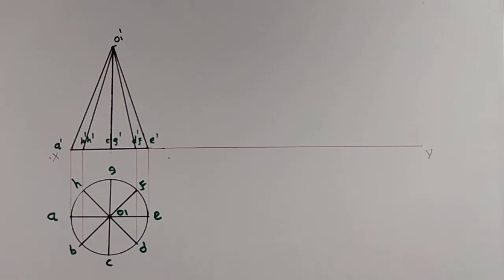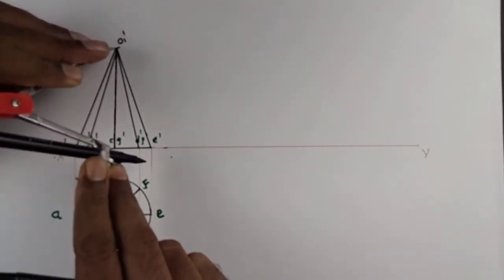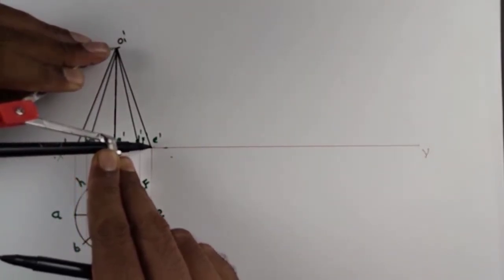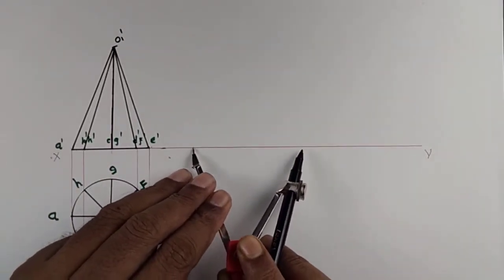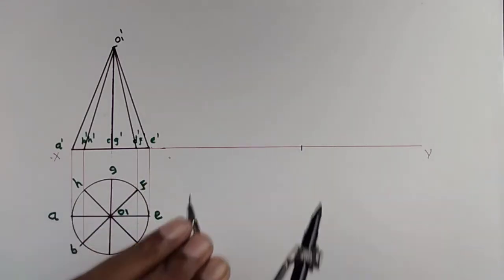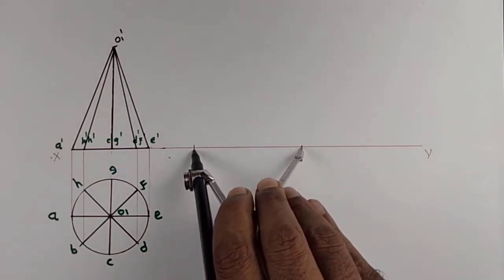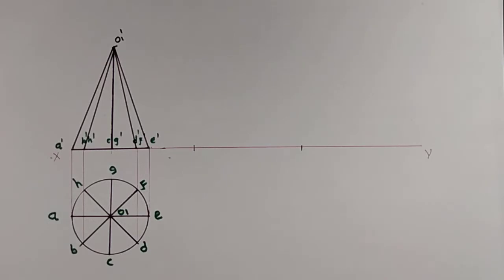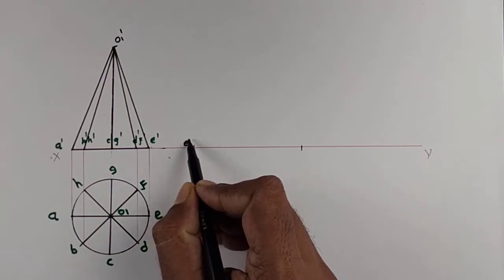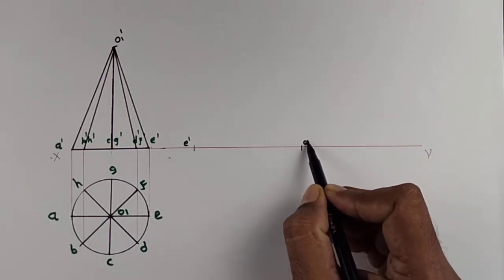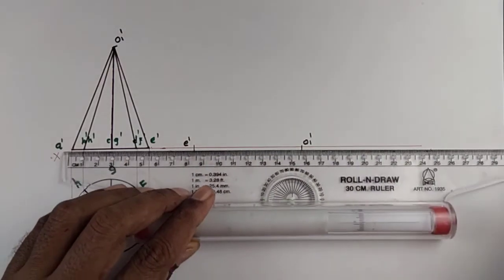So we take the dimension of O1 dash E dash, which is resting on HP, and mark it on both sides to show the exact points. So E dash O1 dash is the true length of the generator resting on HP, and I can draw the dark line.